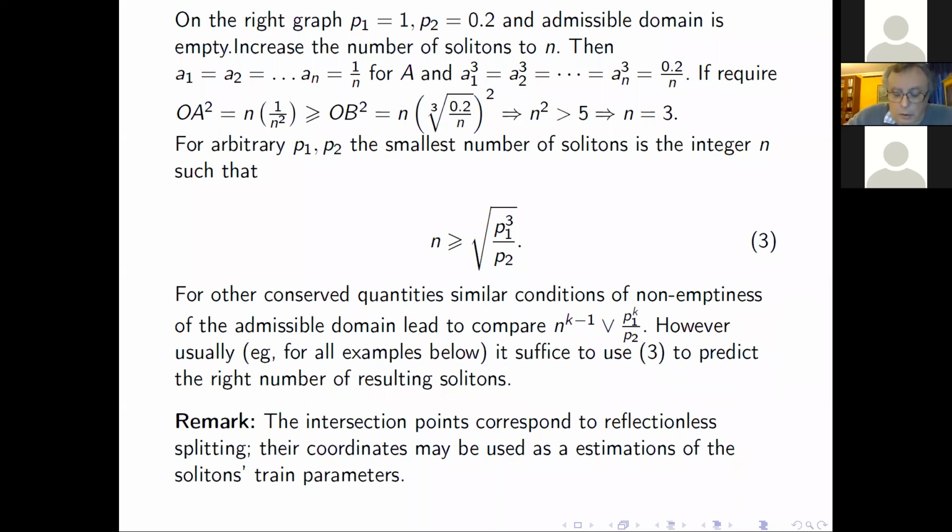So if we want A to be over the B, we have to acquire such an inequality, which leads in this example to the inequality shown here, and for appropriate n, there will be a situation when the admissible domain is non-empty.